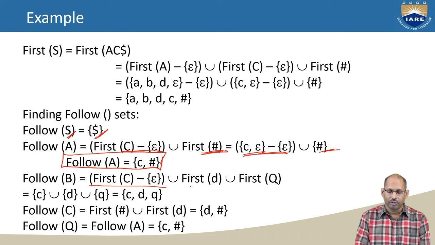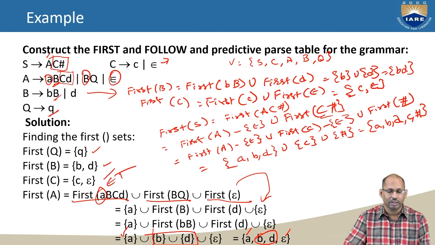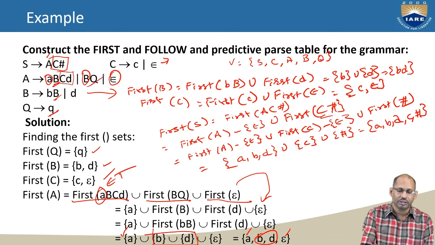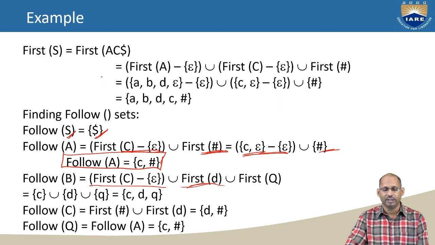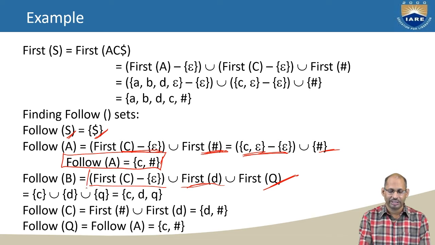Then we have to consider first of D. From this production, there is a Q also. So we consider first of Q. Since C has epsilon, we take first of C minus epsilon union with the next symbol D. This is from the second production.